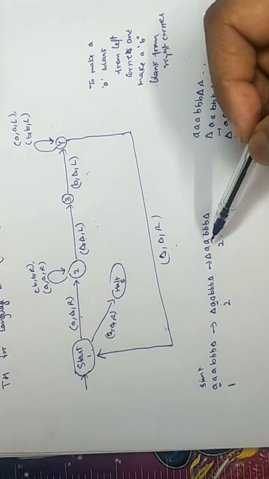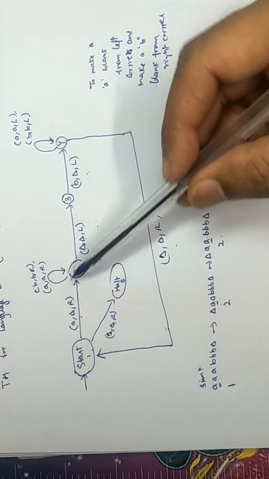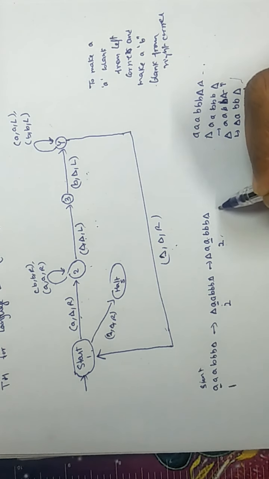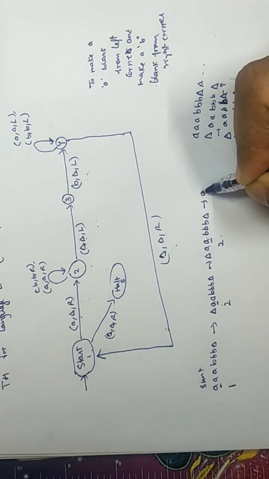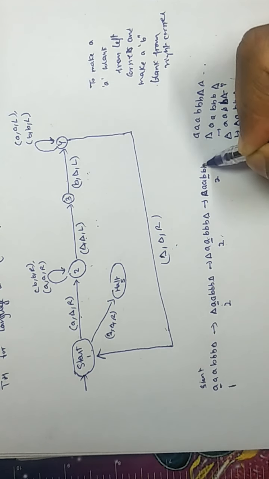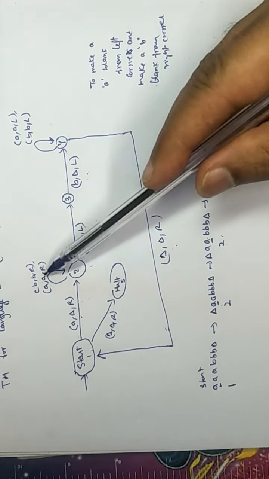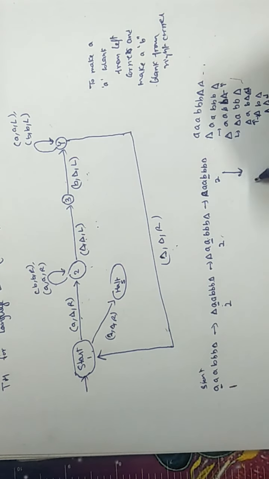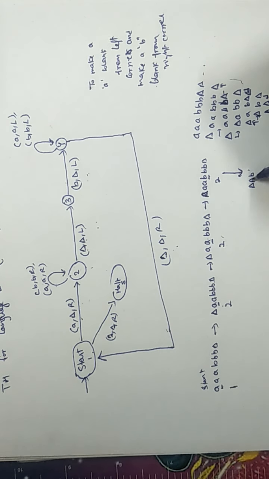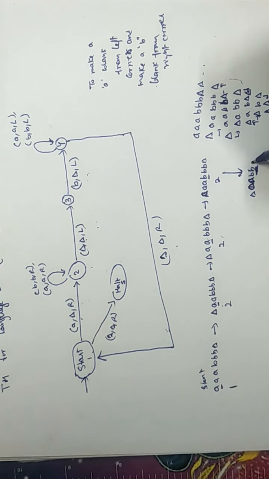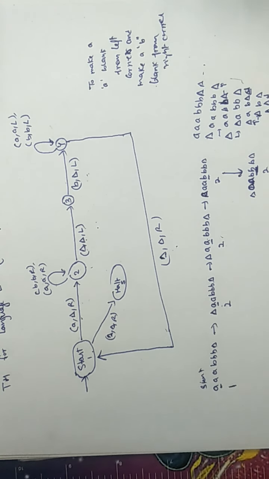Now again we are at state 2 reading A, moving to state 2 again and leaving it unchanged. So here we move to this position, state remains 2 only. Now reading B at state 2 and leaving it unchanged, by reading this B we reach this B here and state 2.